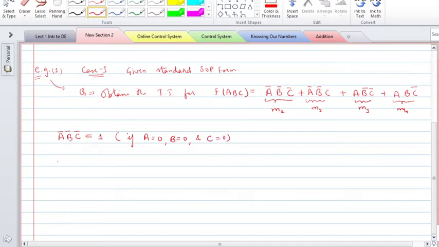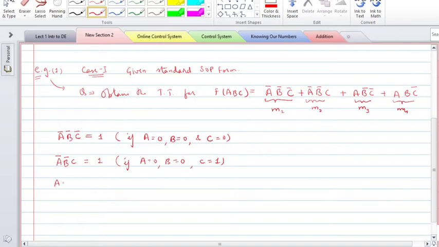Similarly, the second min term will be 1 if A equals 0, B equals 0, and C equals 1.